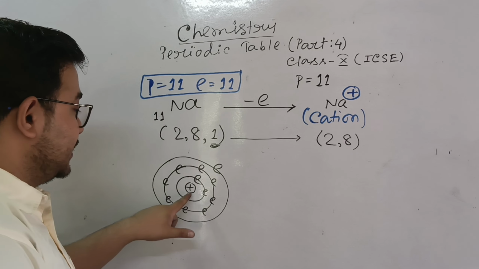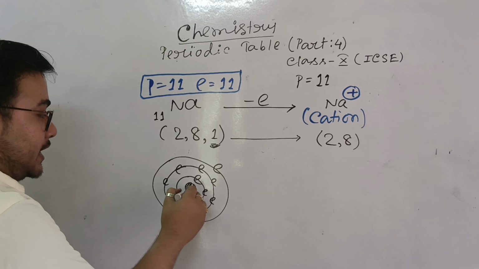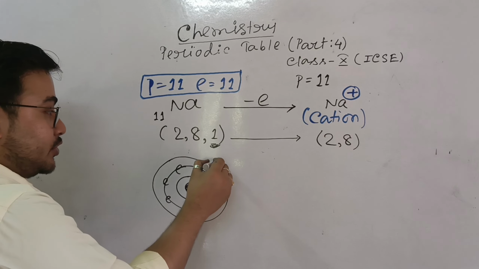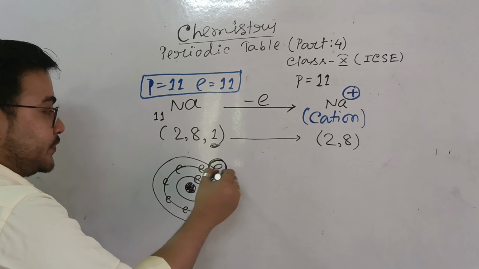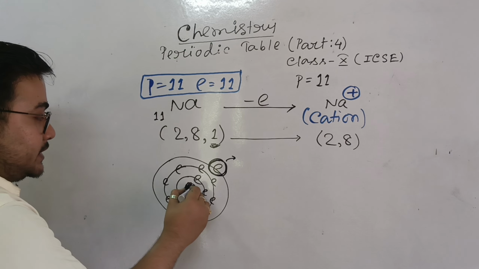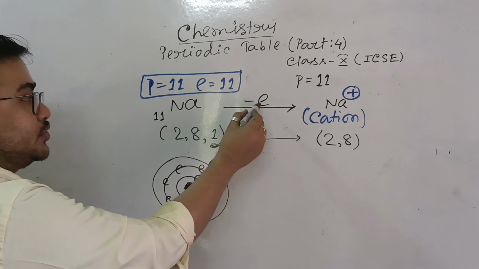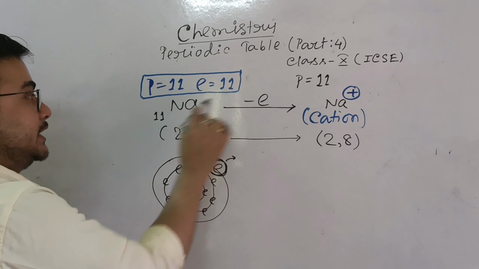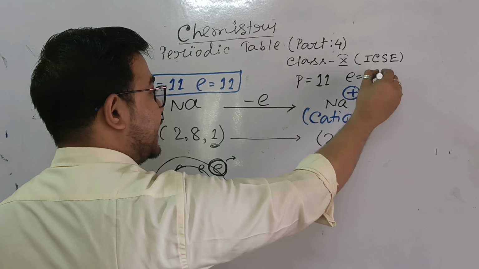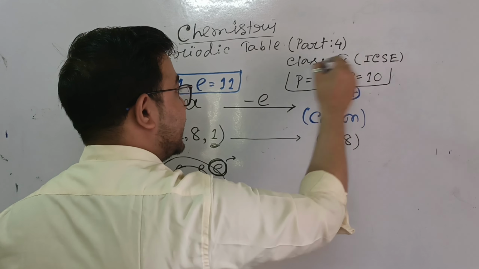Protons are always present inside the nucleus, so it is not possible to donate them. Electrons can be donated, from the last shell. But it is not possible to donate a proton from the nucleus. So if it donates an electron, the number of protons remains the same. Electrons decrease to 10. Previously it was 11, now it is 10.